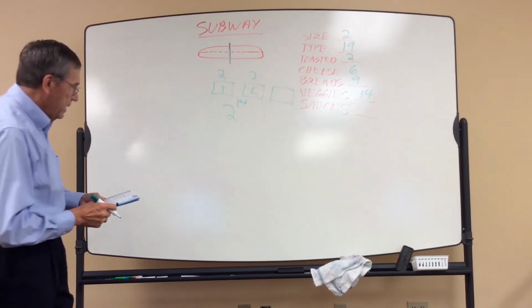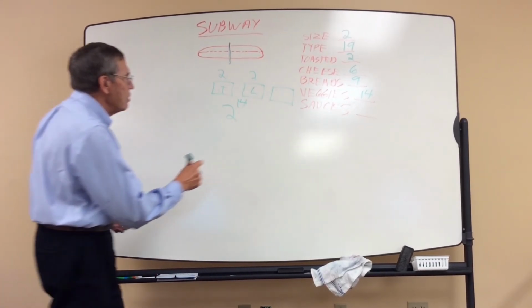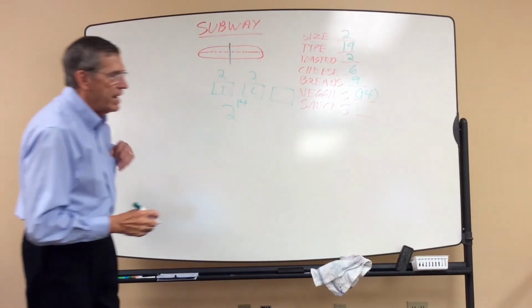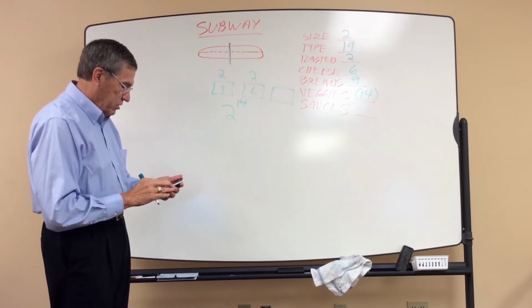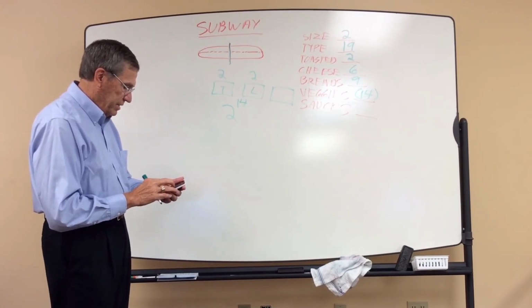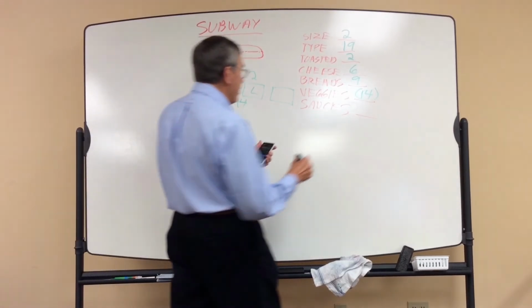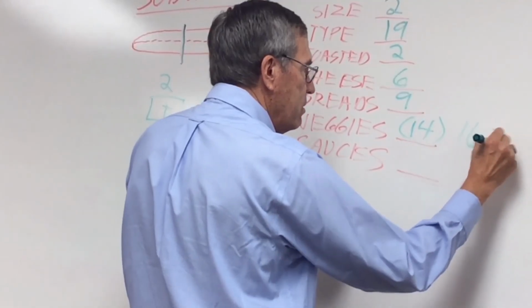Okay? Now 2 to the 14, so I'm going to actually put this in parentheses because that's not actually correct. I'm going to take 2 and raise it to the 14 power, and I get 16,384.